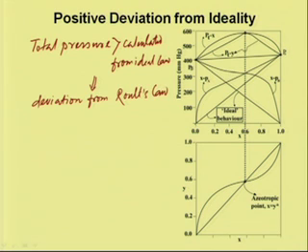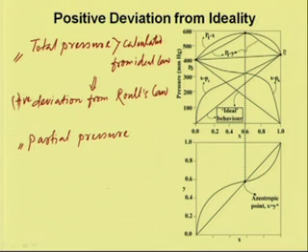That means, if it is greater, then the deviation will be positive. So, positive deviation from Raoult's law, and the partial pressure of components should be greater than the ideal.